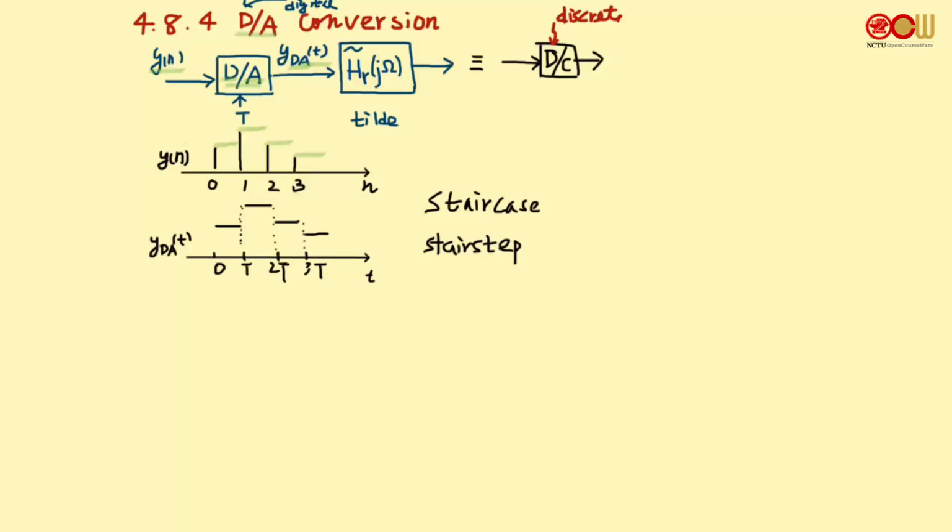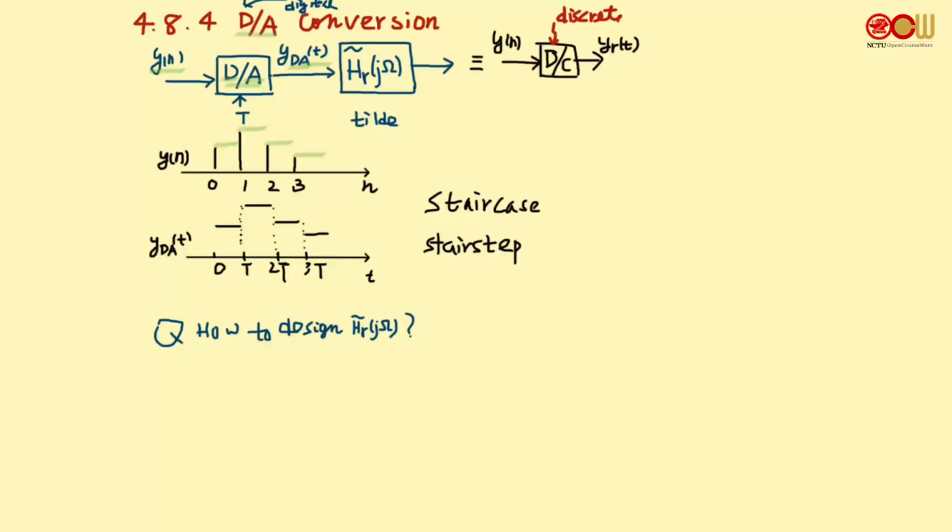So how would we like to design this compensated reconstruction filter so that it will look like the ideal D2C converter? That's the question.